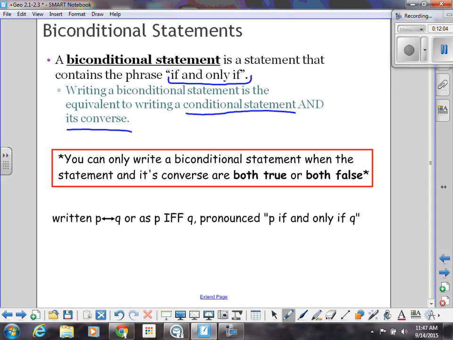Again, if I'm using P and Q, remember P is my hypothesis and Q is my conclusion. Okay, notice that I have the double arrow there. That's how I would write that. That shows that I'm doing if P then Q, and also if Q then P. It shows that I'm covering both statements. Also, this right here, the IFF, that's very common to see. So that doesn't mean someone misspelled the word if. It just means if and only if.